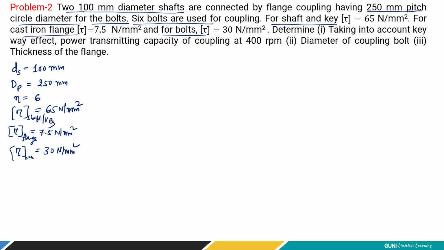Now what do we have to find out? Determine, first, taking into account the keyway effect, the power transmitting capacity of the coupling at 400 RPM. So we need to find out the power transmission capacity at 400 RPM.